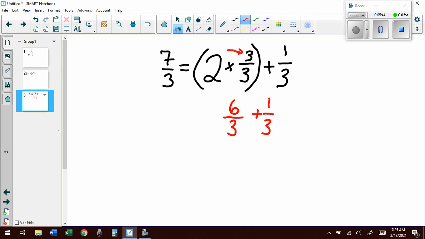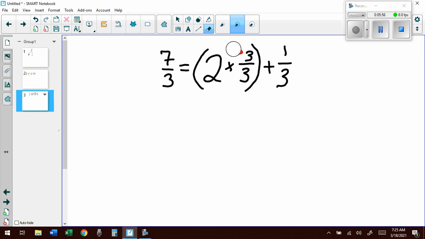Now, if we do this, we are going to end up with 7/3, which is a problem. We don't want 7/3. We started with 7/3. So before we use that multiplication, what is 3/3? 3/3 is equivalent to 1 whole.